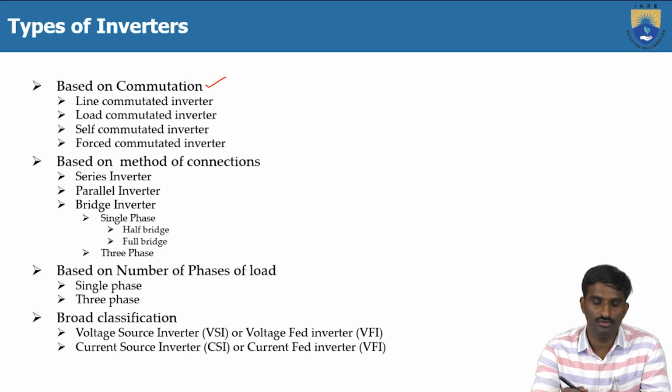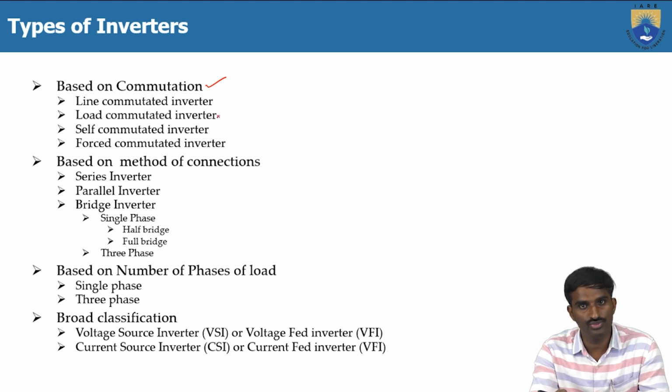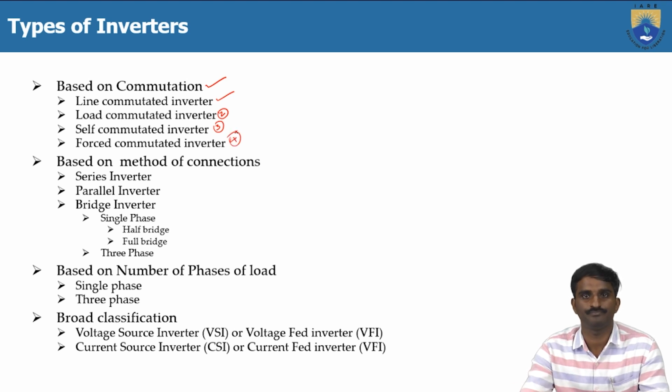Based on what type of commutation technique is used in the inverter, we can classify inverters into 4 different types. One is the line commutated inverter, the second is the load commutated inverter, third is the self commutated inverter, and fourth is the forced commutated inverter. In a line commutated inverter, we use the line commutation to turn off the thyristor.